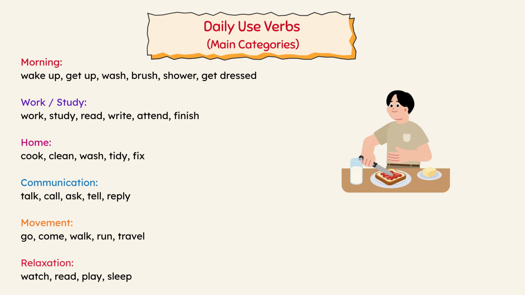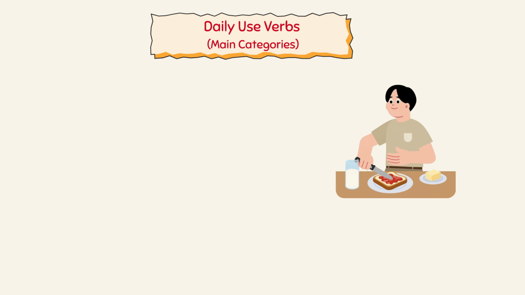At home, we often say cook, clean, wash, tidy, and fix. For communication, we use words like talk, call, ask, tell, and reply. When we talk about movement, we use verbs like go, come, walk, run, and travel. And for relaxation, we use verbs like watch, read, play, and sleep.